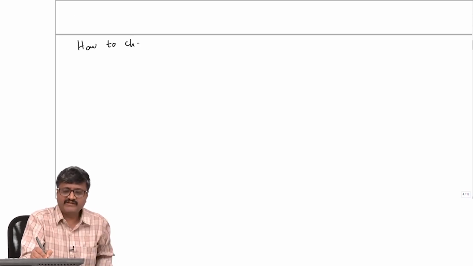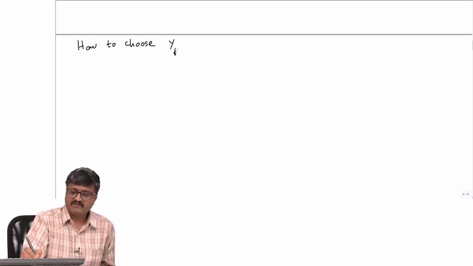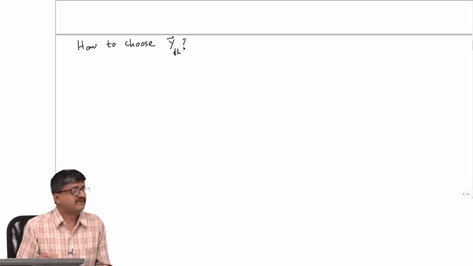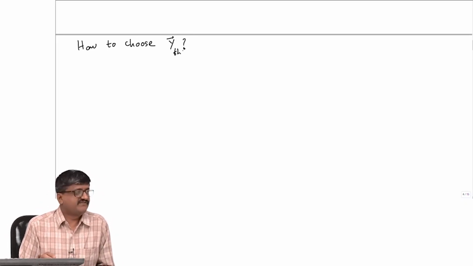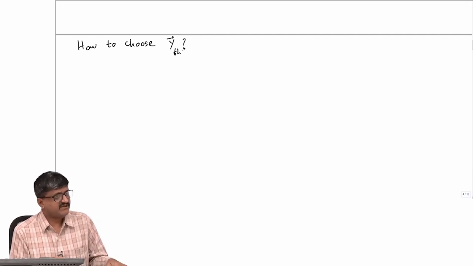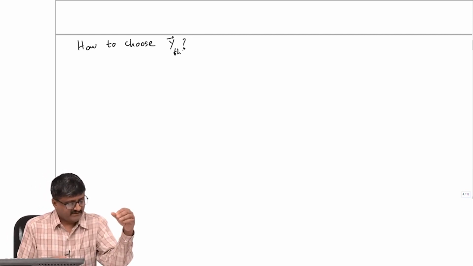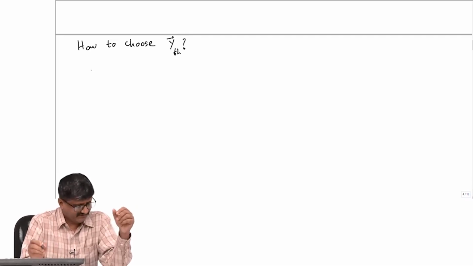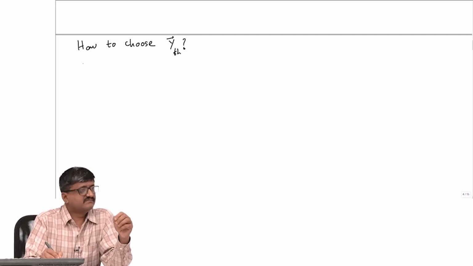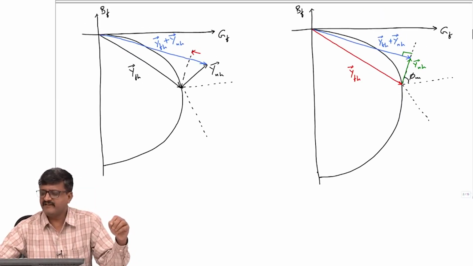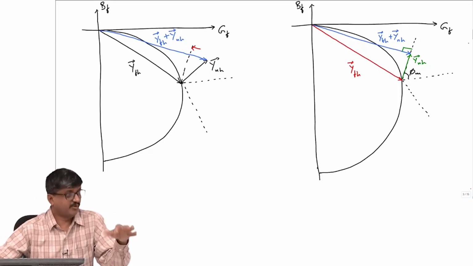As far as the performance is concerned, I want to maximize the performance, that is minimize the value of VH, or it is essentially saying maximize the value of the denominator in the expression for VH. So, how to choose y of h? See, in the previous case, for some arbitrary value of y of h, we know how to choose y n h. Now, how to choose y of h itself?